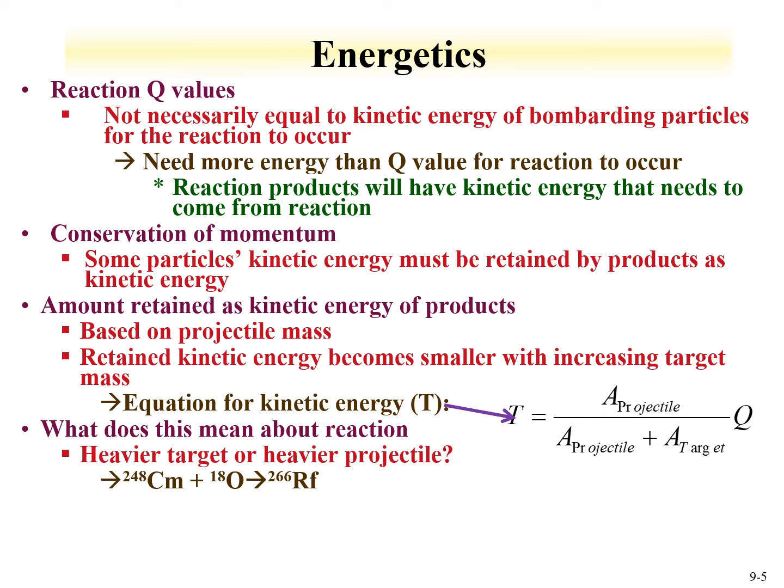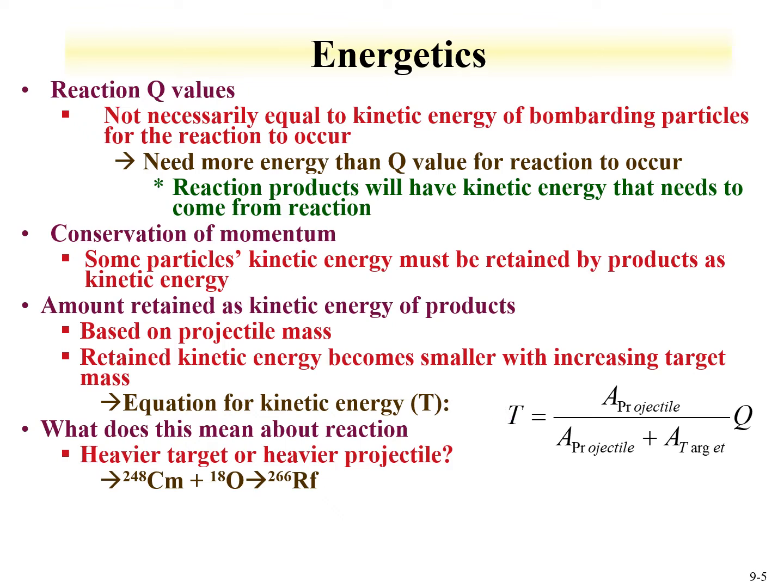Now let's think about what this means for a reaction where I'm making a compound nucleus. Let's take a relatively straightforward reaction: curium plus oxygen-18 going to rutherfordium-266. What does this mean if I either accelerate oxygen into a curium target or curium into an oxygen target?